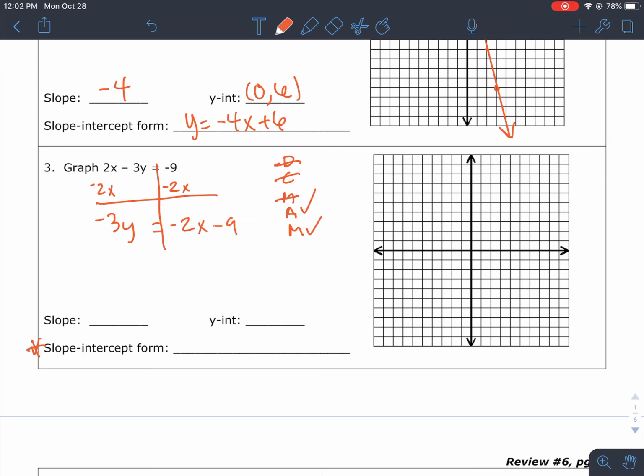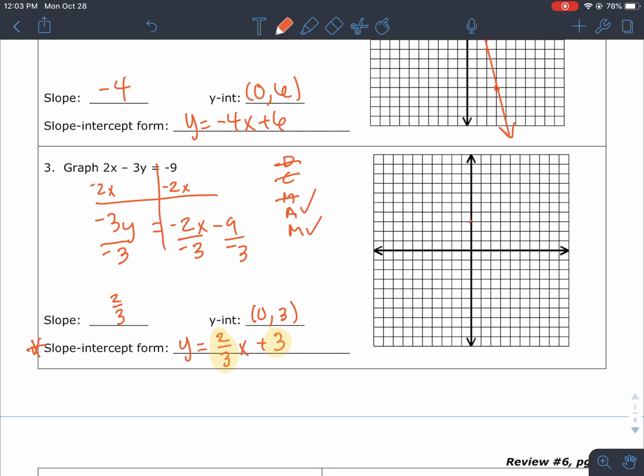The last thing to do is divide by -3 and make sure that you divide everything by -3. And so my equation is y equals 2/3 x plus 3. So from that, I know that my slope is 2/3 and that my y-intercept is going to be at 3. So I'm going to say 0, 3.